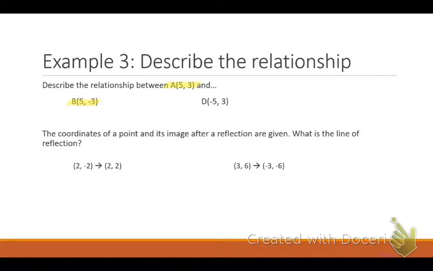Yes. To reflect across X, you do the opposite of Y. So that means the X-axis was reflected here. Okay, does everybody see why I said the X-axis? Because I observed that the Y values were opposite, so I know that's the X-axis reflecting.